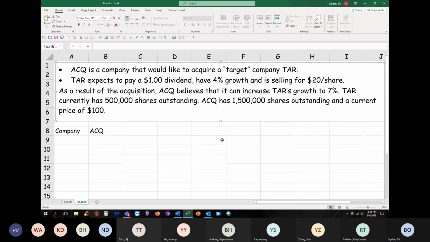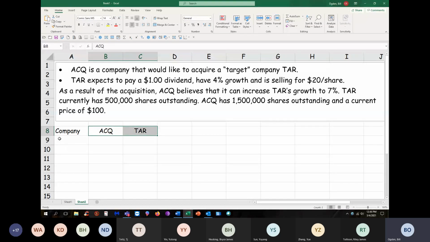All right. So the company ACQ, the other one is TAR. Let's underline these, and maybe center them, make them look nice. Okay, so let's start out with the price.